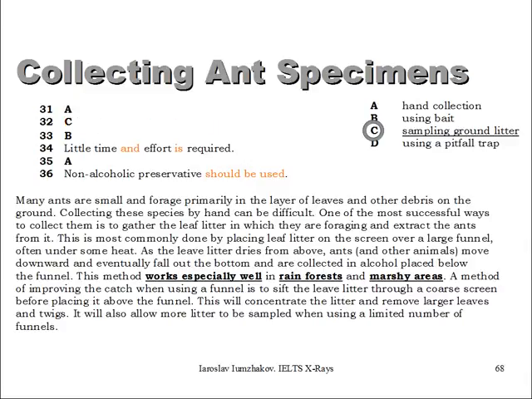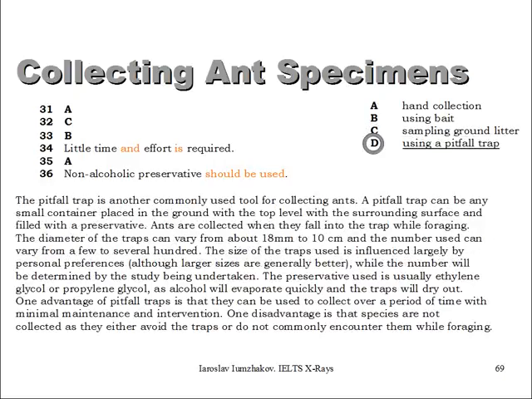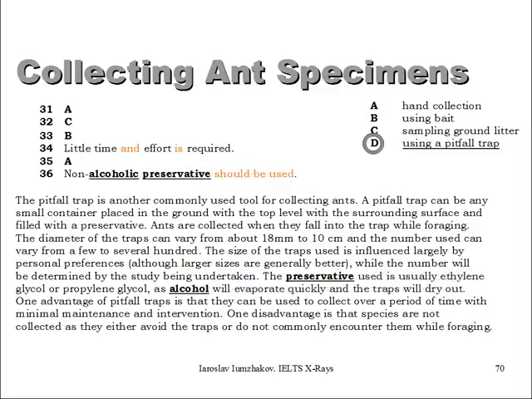Here we see. And we get the last paragraph to deal with, the using a pitfall trap. So let us find alcohol first. Got it? And we read this sentence.